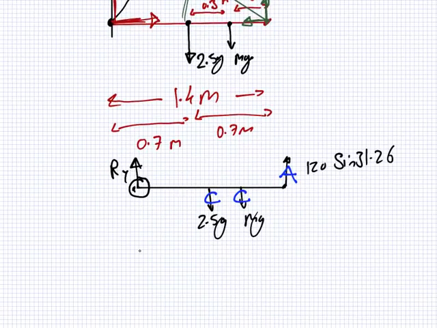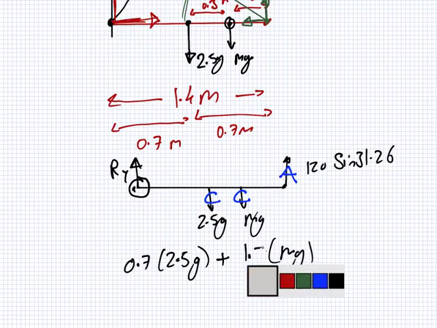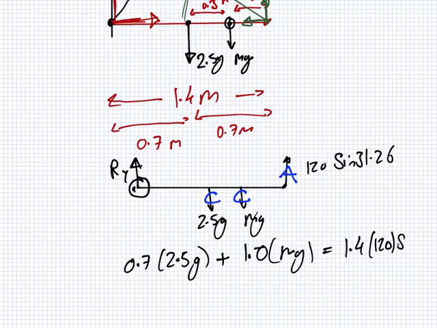So I can say 0.7 times 2.5g plus 1.0 times mg, which is the distance to here, 0.3 plus 0.7, sorry, 1.0. That should equal 1.4 times 120 sine 31.26.